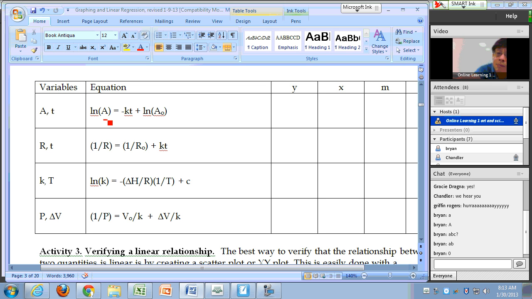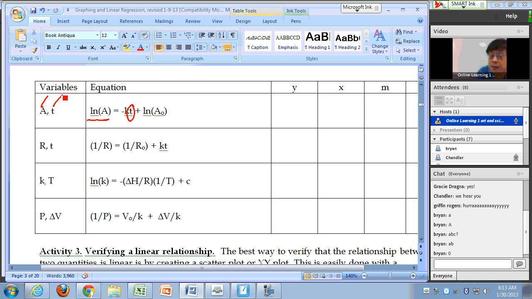So this is something you might encounter if you're doing a study of the rates of reactions. So natural log of A versus time. Your actual variables that you measure would be A and time. A would be the concentration of some reactant, for example. And let's say that it depends on time according to this equation.